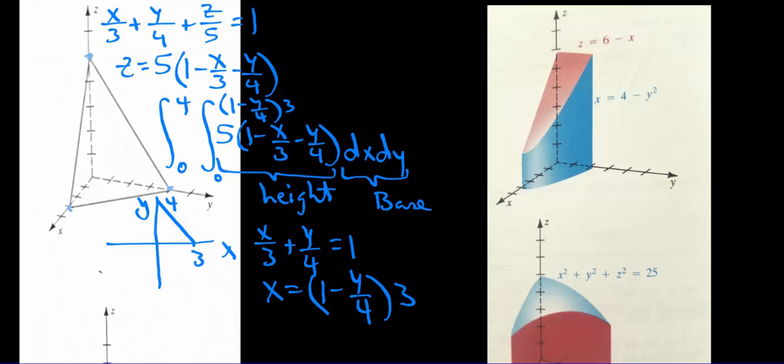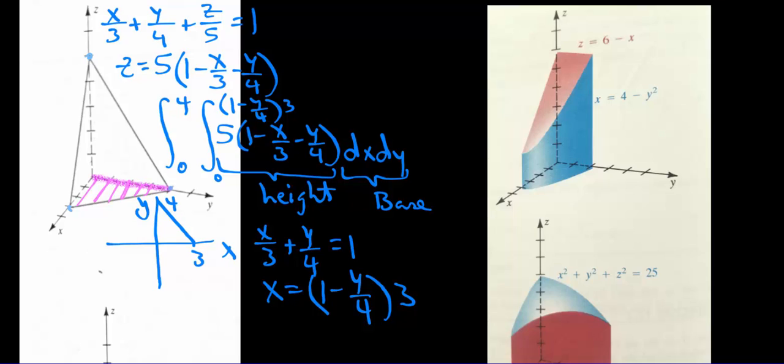Now let's take a minute and dig what's going on here. I'm going to choose a y, and the question is, what does x do? Y is going from 0 to 4, all along, and for every step of the way, I'm going to draw something parallel to the x-axis.